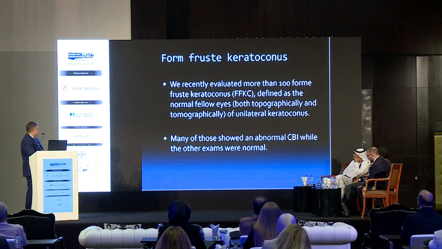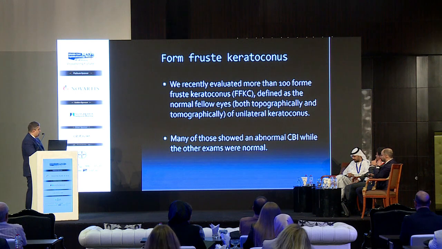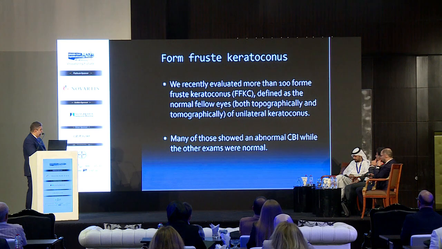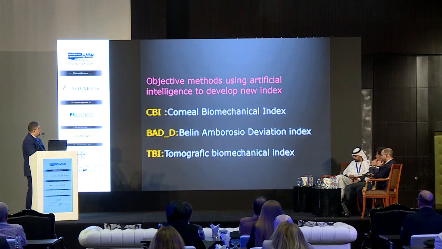Recently, about 100 forms of refractive keratoconus were defined at the normal fellow eye, both topographically and tomographically, of unilateral keratoconus. Many of those showed abnormal CBI, while the other examinations of the patient were normal.